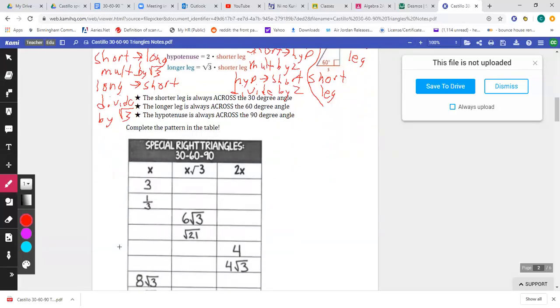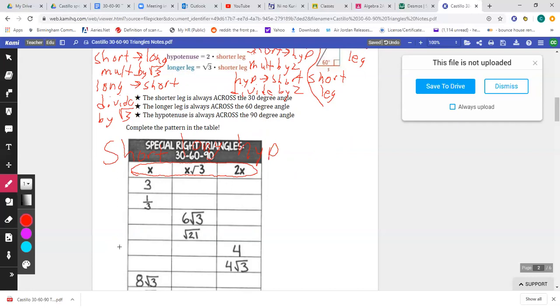So this is short, this is long, and this is the hypotenuse. Okay. So if my short leg is 3, look at the rules here, right? If they give you the short leg, all you have to do is multiply by √3 to get the long leg, and then multiply by 2 to get the hypotenuse.